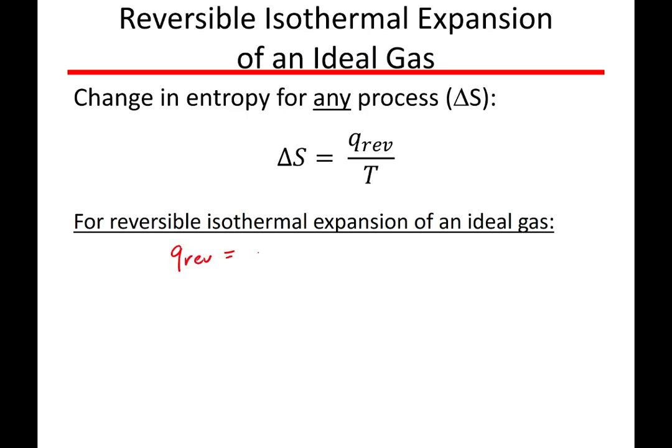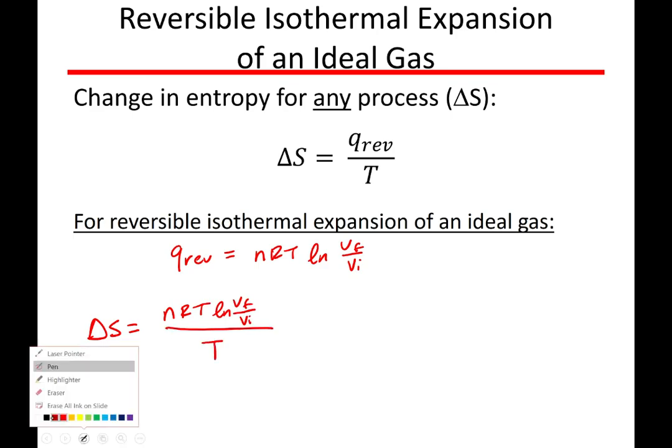We found in our last video that Q reversible is equal to nRT times the natural log of V final over V initial. And so you could take that equation and plug it into the delta S equation. So delta S is Q reversible, nRT ln V final over V initial, divided by T.